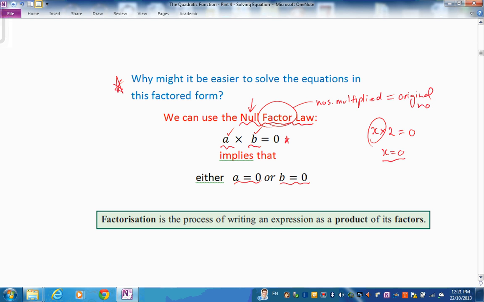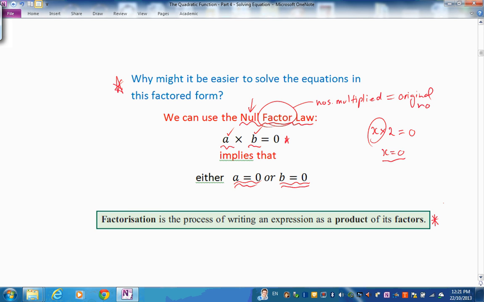So by the Null Factor Law, if two factors give a product of 0, then one of them must be null, or nothing. A or B must be 0. You can't make a product come to nothing unless one of the items or factors in it is nothing. And of course here it is.